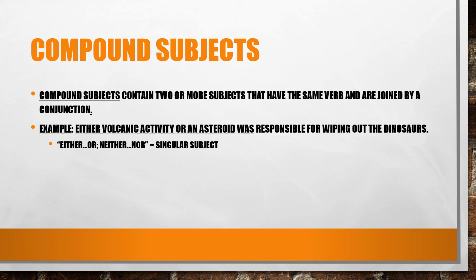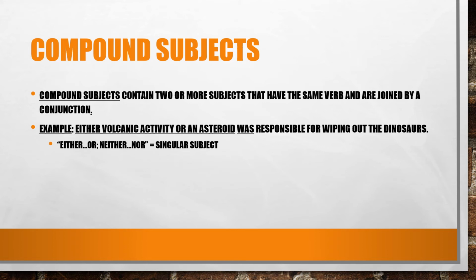Now, what we're looking at here is not only the nouns that make up the subject, volcanic activity and asteroid. Those are specifically, if we want to narrow it down to the simple versions, activity and asteroid. Those are the two words that we're using here to make a compound subject.